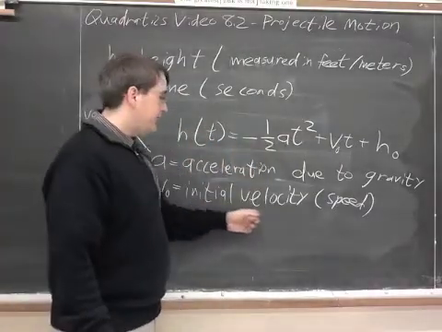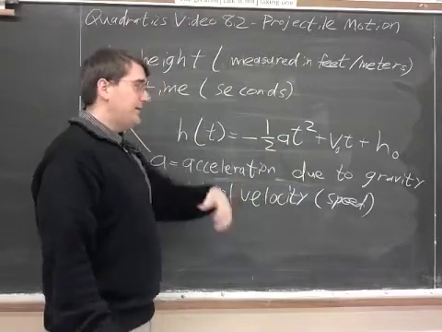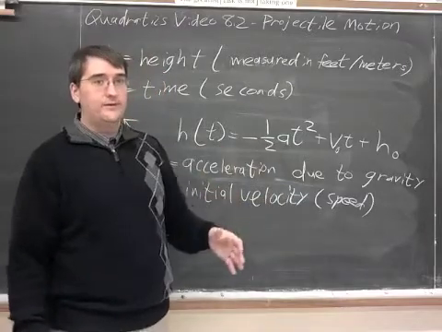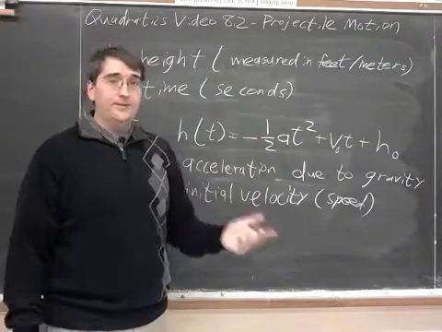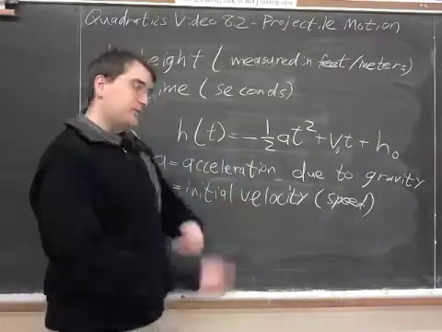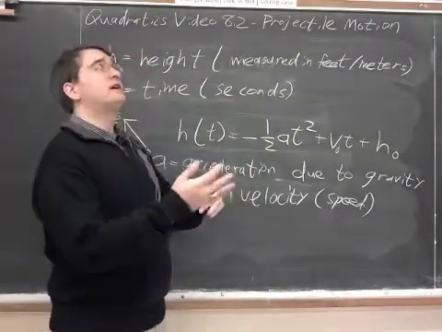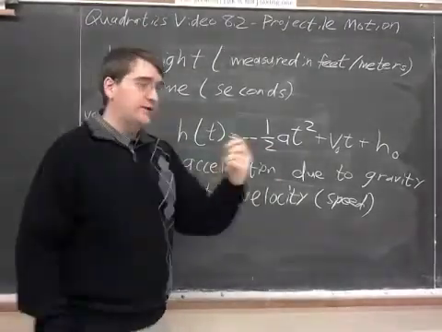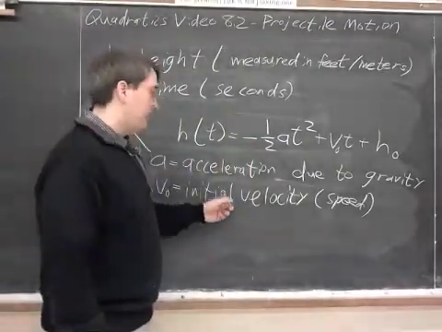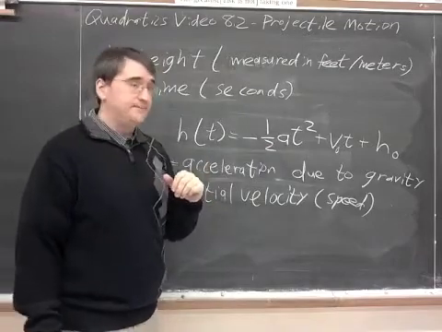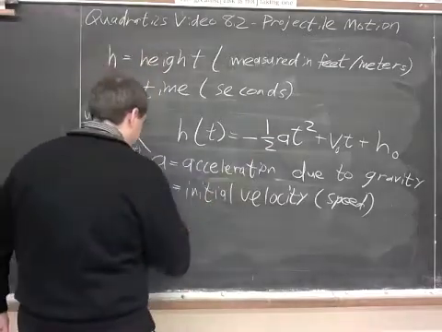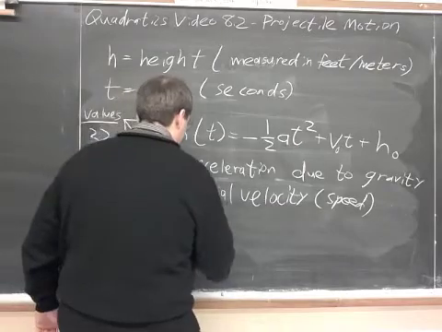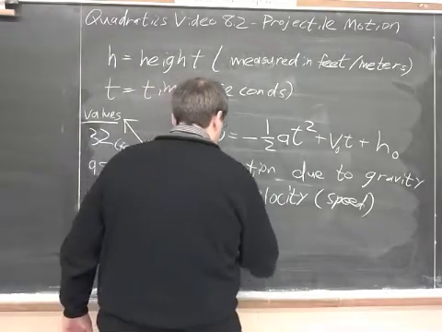So this is how fast whatever the thing is going, right at the beginning, right from the get-go. So right when you hit the golf ball, right when you toss the chalk in the air, that moment that you start the stopwatch, that's what we mean by initial velocity. And so h with a little 0, that's for the initial height.